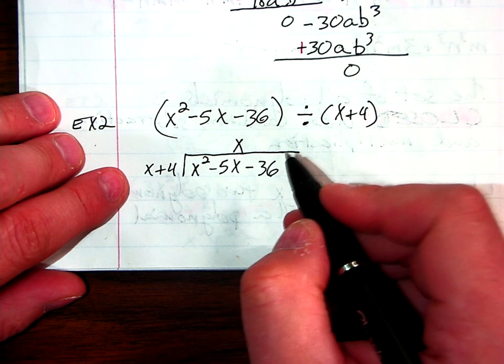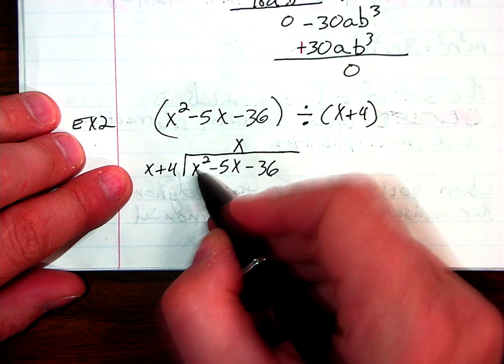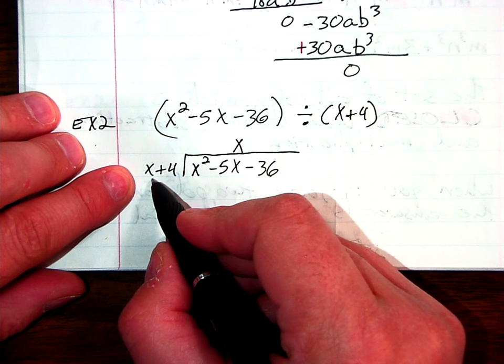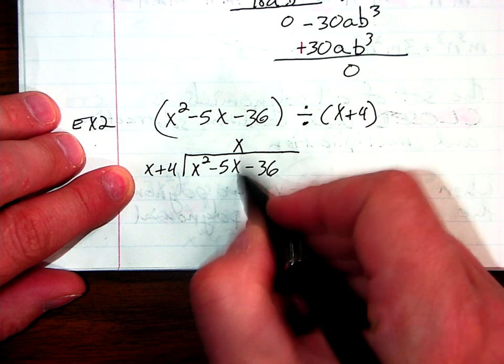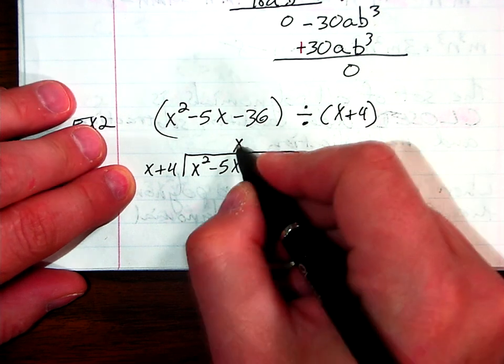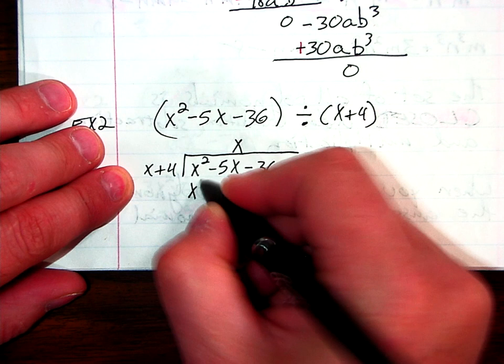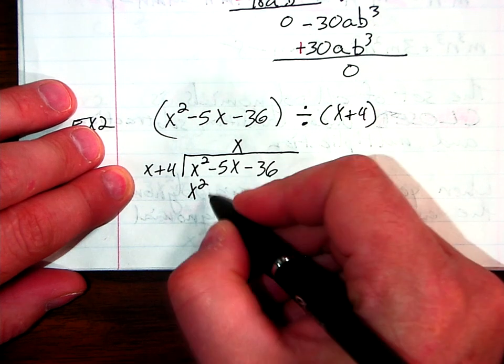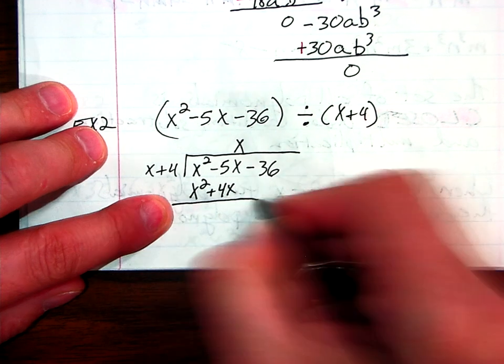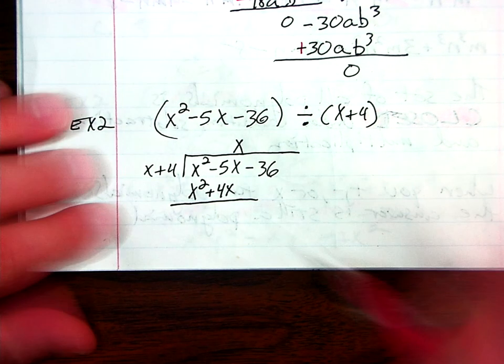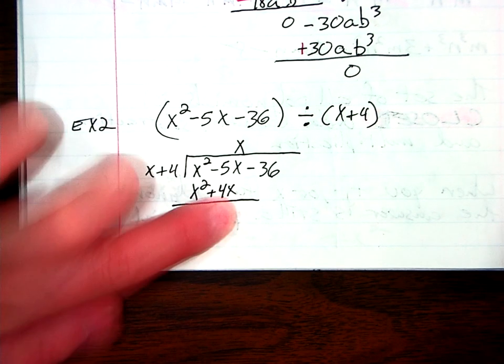We needed an x squared, so what did I need to multiply x by to get to x squared? x to the 1. So I lined up my exponents. x times x is x squared. x times 4 is positive 4x. Now, what did I say we had to do to our signs?